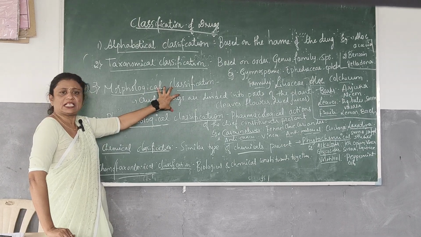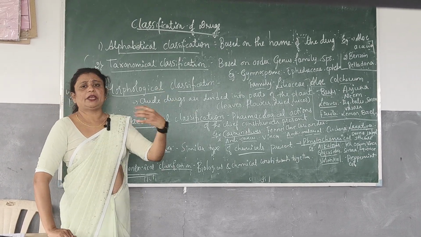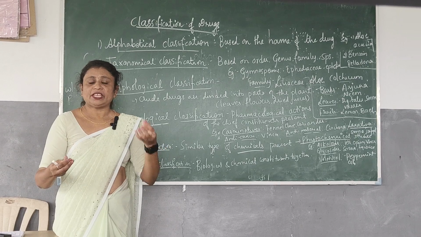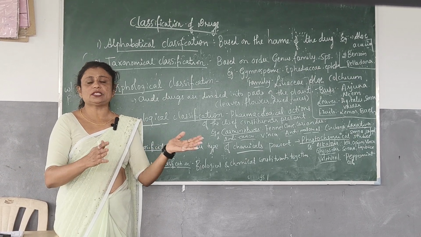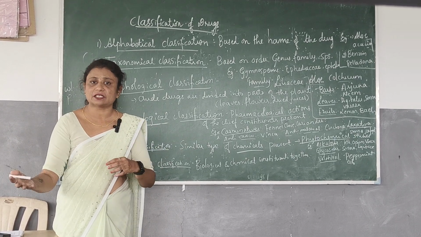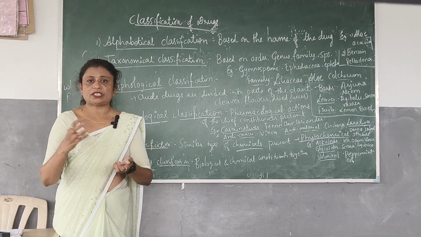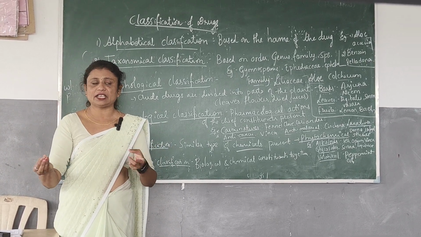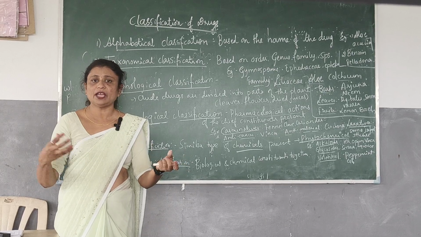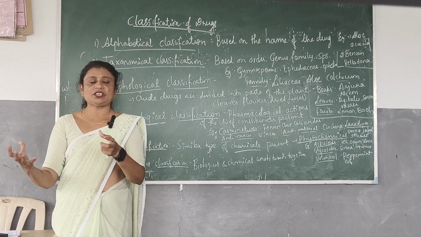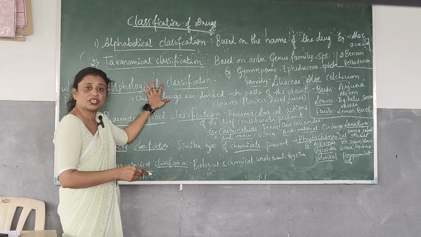Next, morphological classification. Many of the crude drugs will be available in the form of powder also. In that case, the morphological classification fails to distinguish the color and the smell. For example, acacia is a white powder and tragacanth is also a white powder. In that case, we cannot differentiate based on the morphological classification.